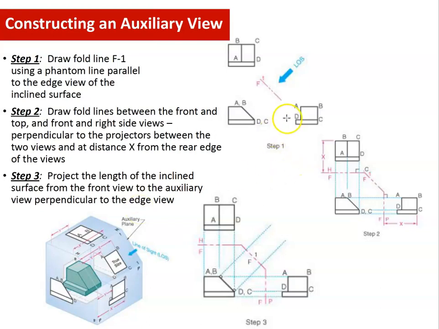Okay, so this is step number 1, and then step number 2 is drawing the fold lines like this, and step number 3 is drawing this line perpendicular to the projectors between the 2 views. So now you have like a projection plane for your auxiliary view.